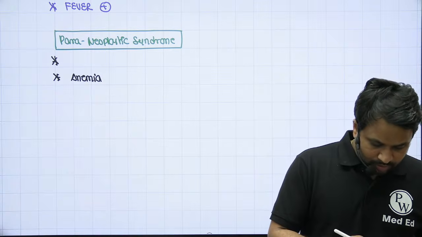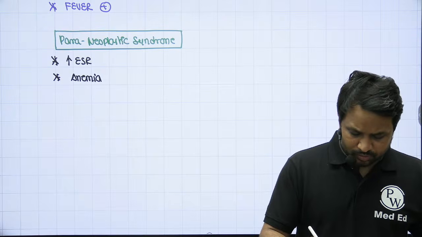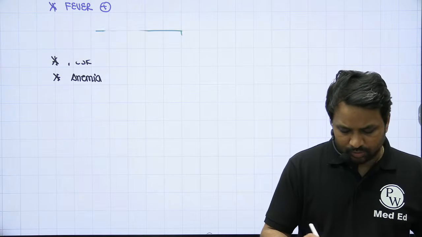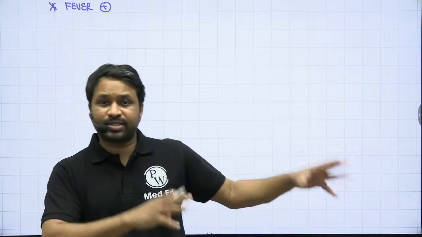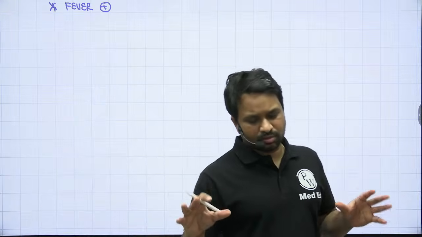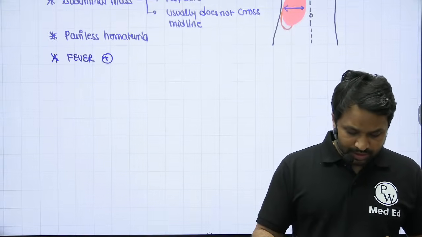Okay, for paraneoplastic syndrome, let's not write it for Wilms tumor, because it's more associated with RCC when compared to Wilms, so we will not confuse in that context. So it's an abdominal mass, also painless hematuria as well as fever.